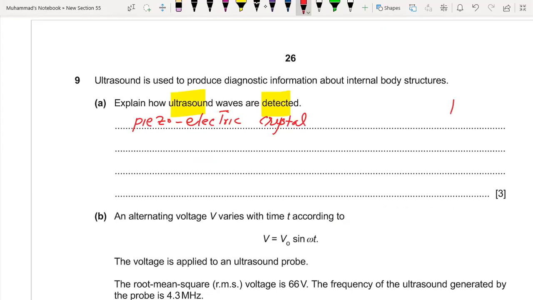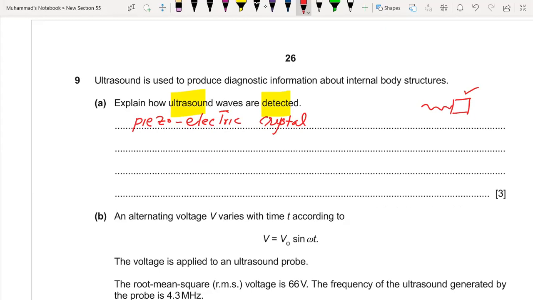You know that when the ultrasound strikes this crystal, then it will generate an electric signal. And the reverse is also true. When an electric signal is applied to that crystal, it will vibrate.